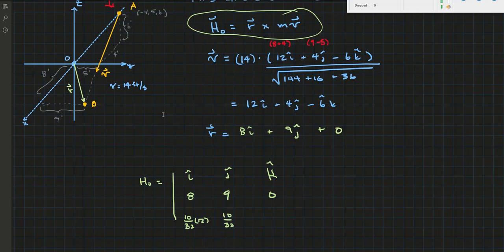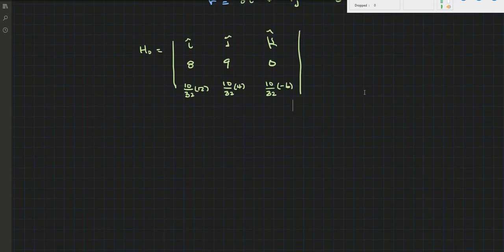Remember, we have to divide our weight by 32. 32.2 would be more accurate, but I just did it by 32. And this is minus 6.